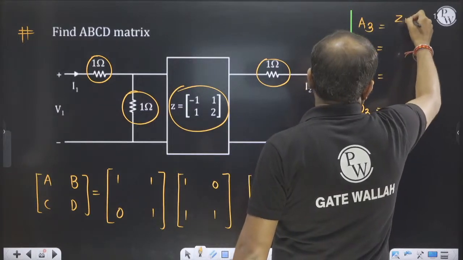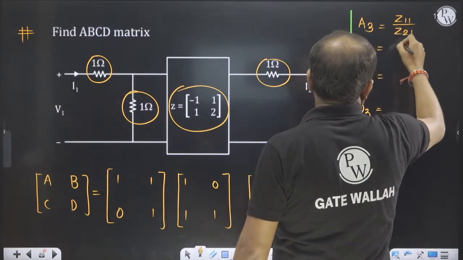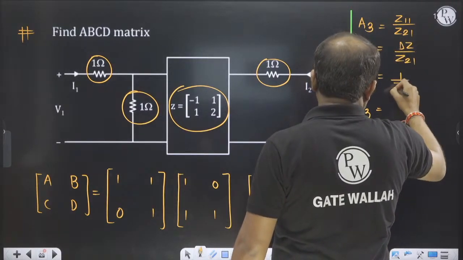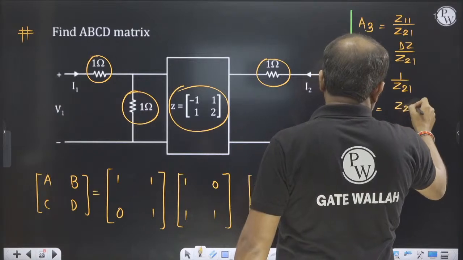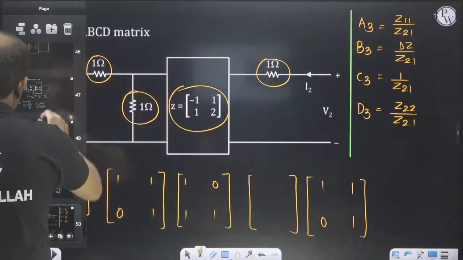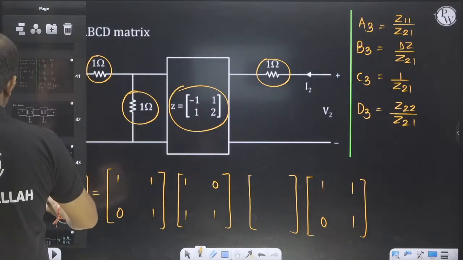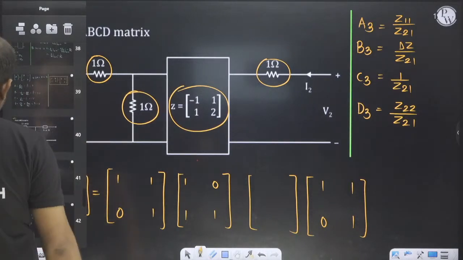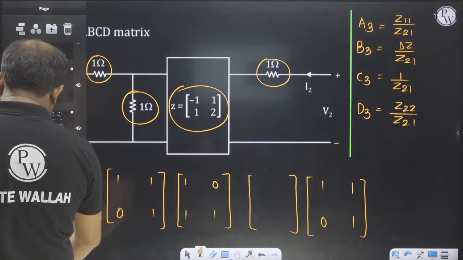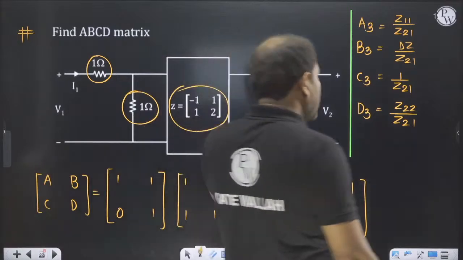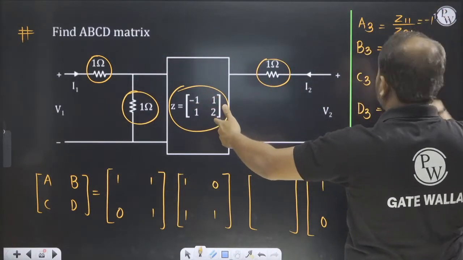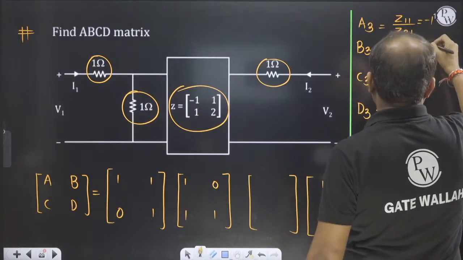So this one is Z11 upon Z21, delta Z upon Z21, 1 by Z21 and Z22 upon Z21. I think this is the formula. So what is the answer? For Z11 upon Z21, Z11 is minus 1 and Z21 is 1, so minus 1.